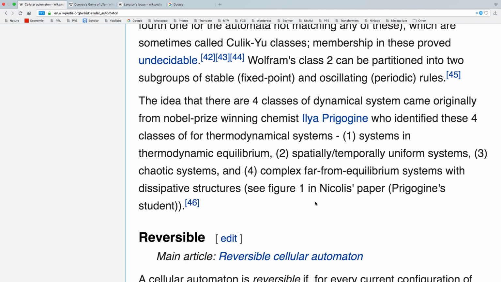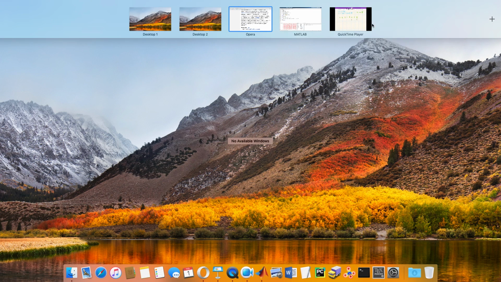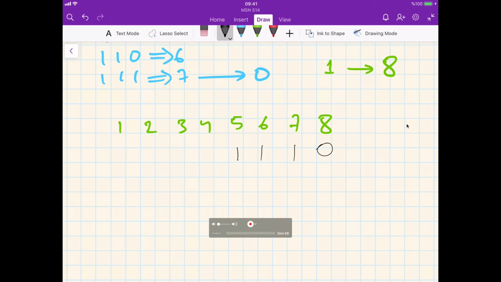Okay, go ahead. I didn't understand what we changed with the rule 30. Okay. Very good question. So what you change with the rule 30 is the following. Rule 30 would tell you something like this, right?